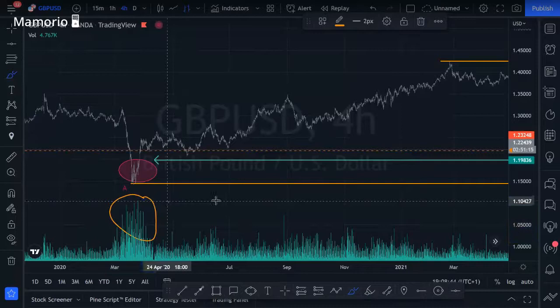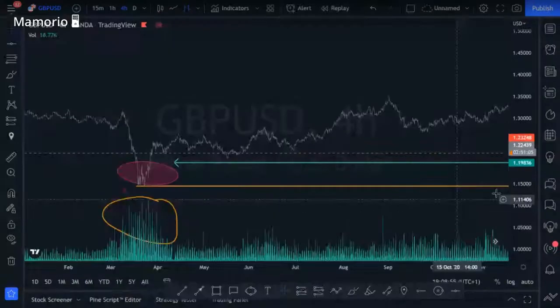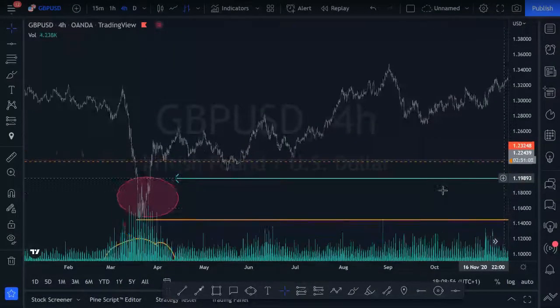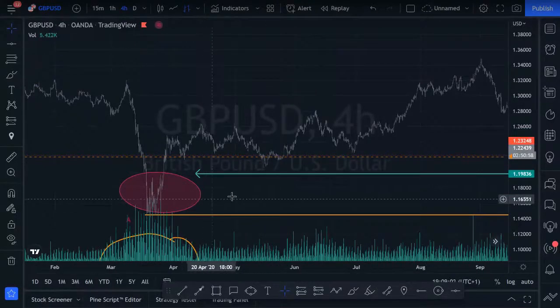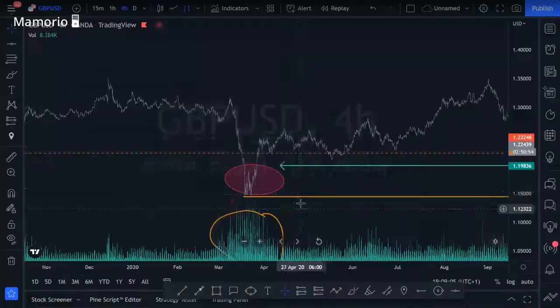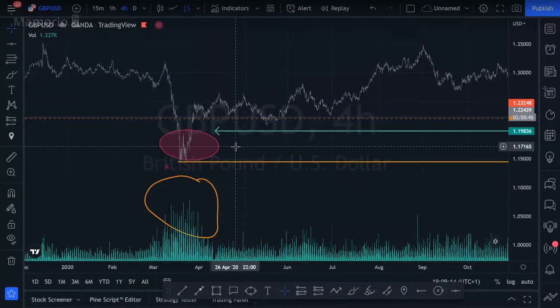So you can see this area. There was demand that needed to be sold out so that we can continue southward, continue with our downtrend.